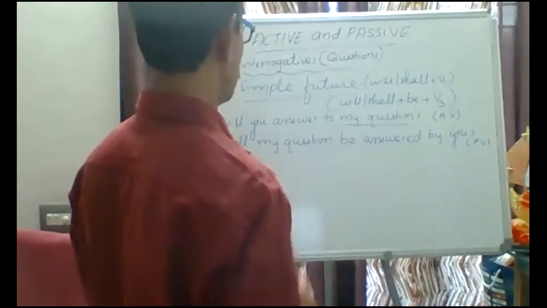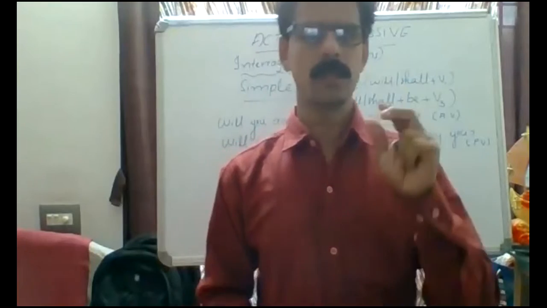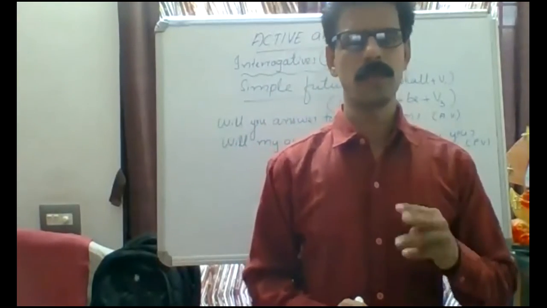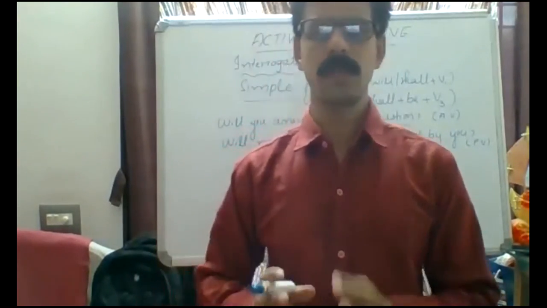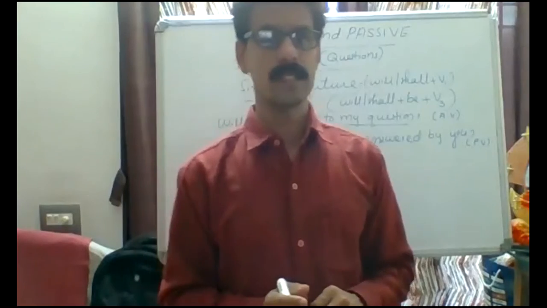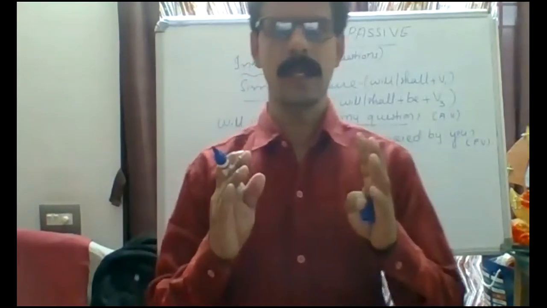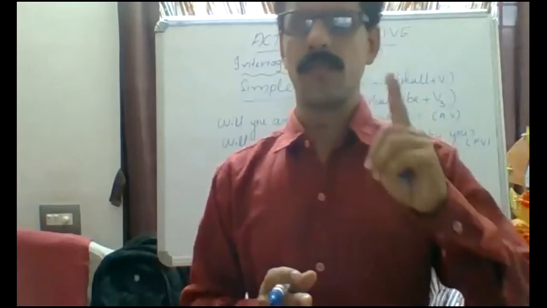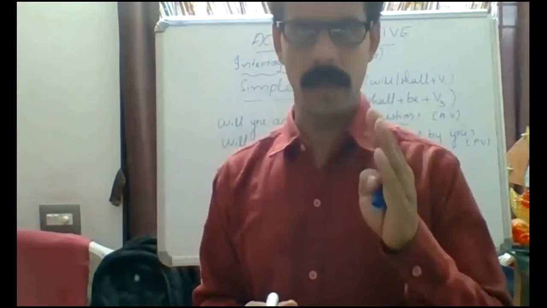Okay. Now you understood these three simples. There are three simple tenses: simple present, simple past, and simple future. How do we convert these into passive interrogatives? Only interrogatives, as I said. In interrogatives, what we have learned is that there will always be a helping verb, placed at the beginning of the sentence.